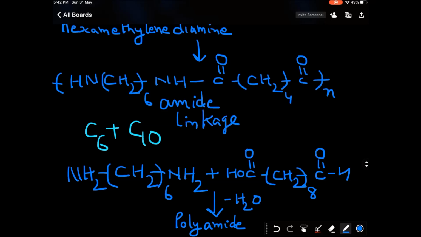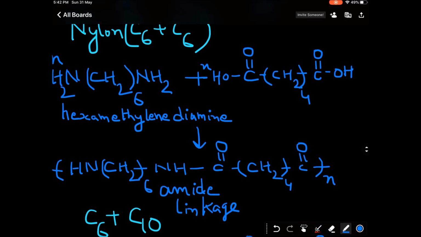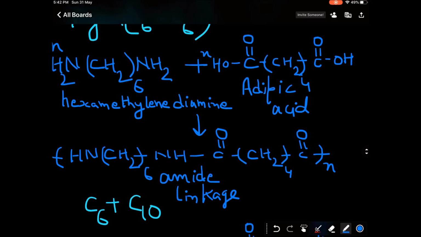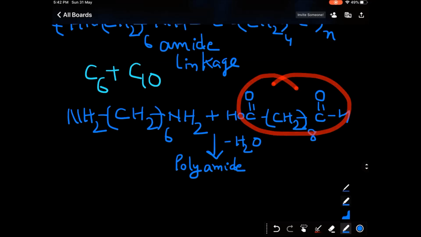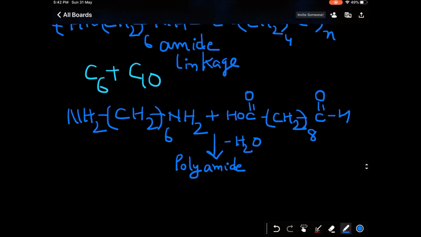And also one thing more, as discussed before, the common name of this 6-carbon diacid is adipic acid, or you can also call it hexane 1,6-dioic acid. Whereas this one that we have substituted, this is known as sebacic acid, or you can call it decane 1,10-dioic acid.